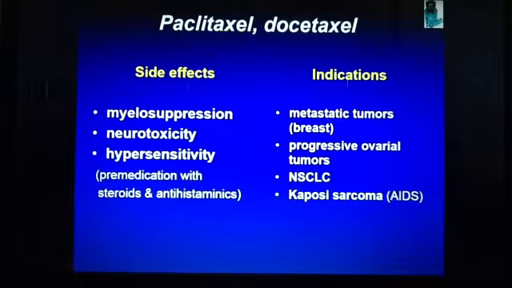And for paclitaxel and docetaxel, these side effects: myelosuppression, neurotoxicity, and hypersensitivity, pre-medication with steroid and antihistaminics. Indications: metastatic tumors, breast, progressive ovarian tumors, NSCLC. So we're talking about non-small cell lung cancer, and Kaposi's sarcoma.